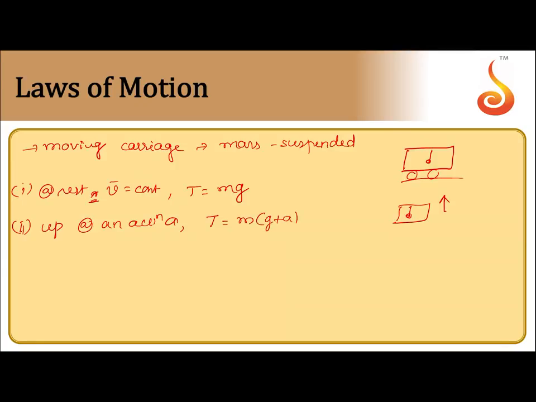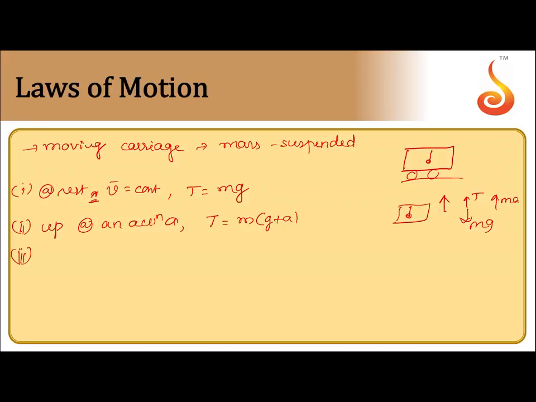Did we see that earlier? Yes. How? mg, T, ma. So ma was equal to, what was it equal to? T - mg. So T = m(g + a).